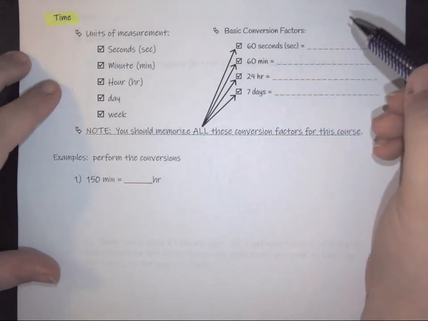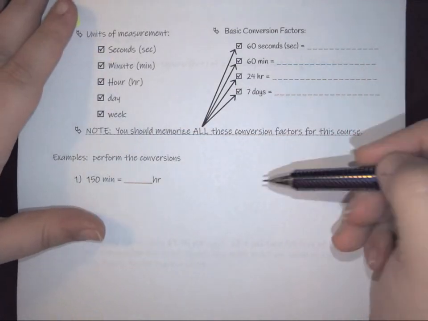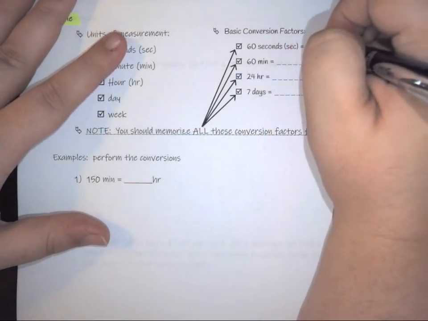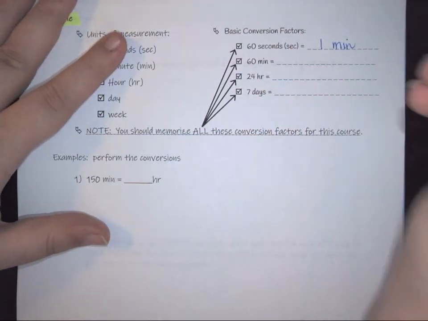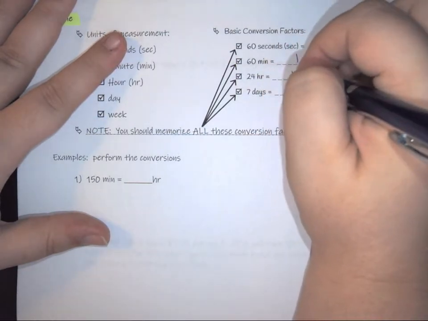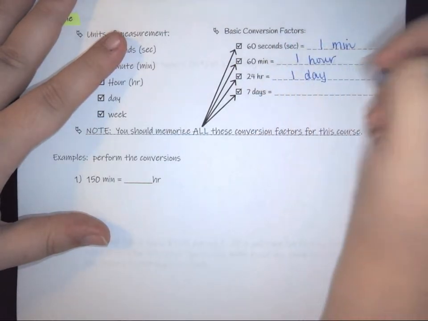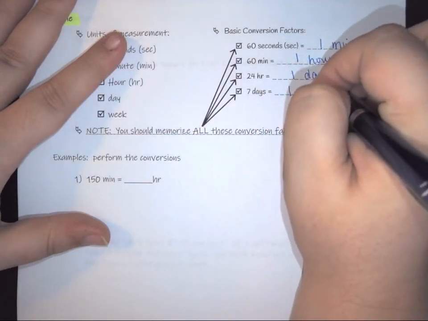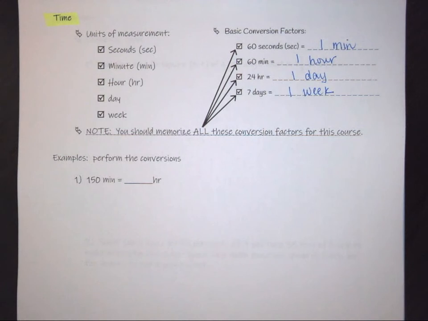And so here, when we're talking about your conversion factors, these are the biggies you have to remember. 60 seconds is a minute. 60 minutes is an hour. 24 hours is a day. And then 7 days is a week. So those are kind of the big ones that we are looking at.